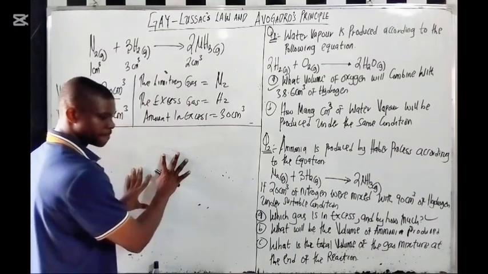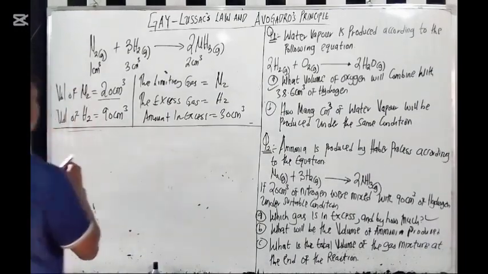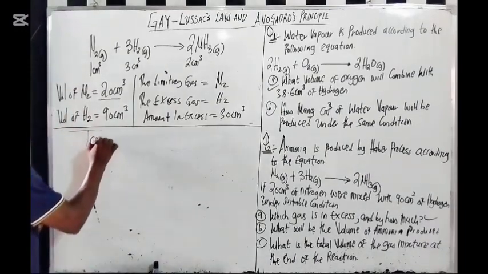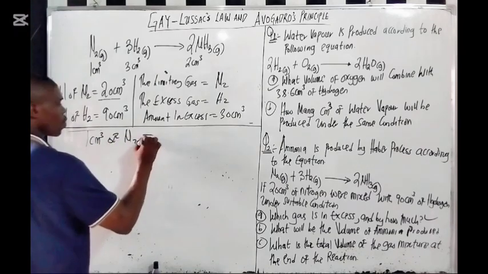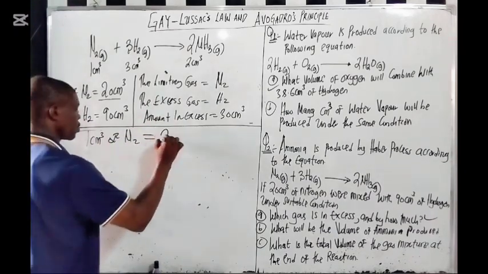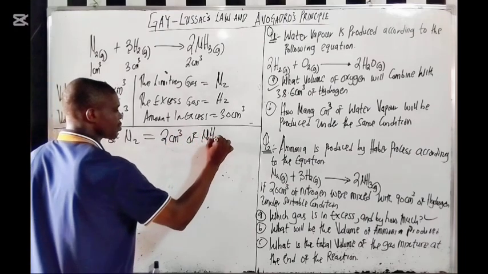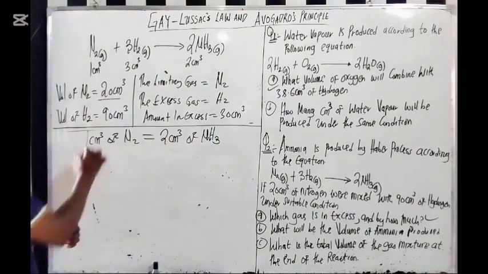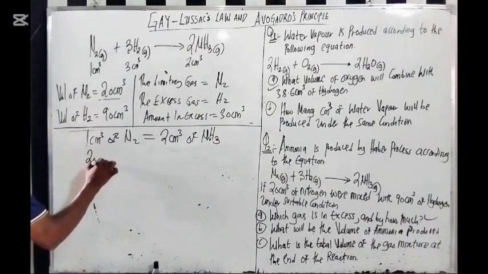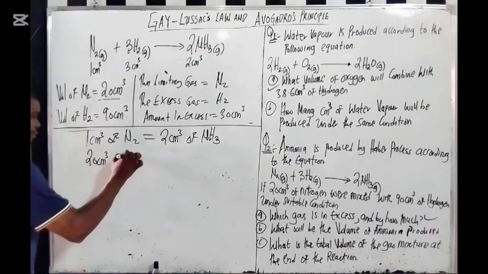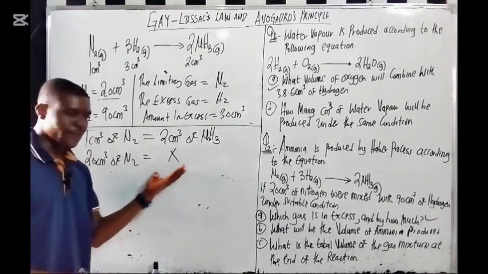Hope you understand. So from here, we can say 1 cm³ of N2 is equal to 2 cm³ of NH3. Is it clear? Here we have 20 cm³ of N2 because of X. Now let's make X the subject of the formula.